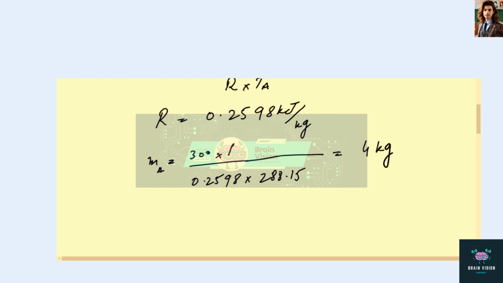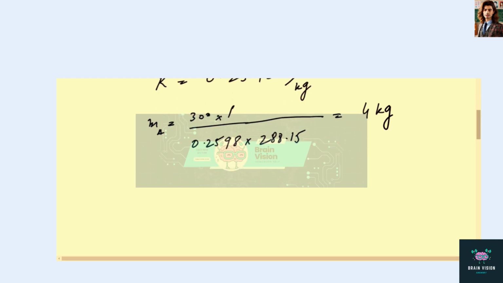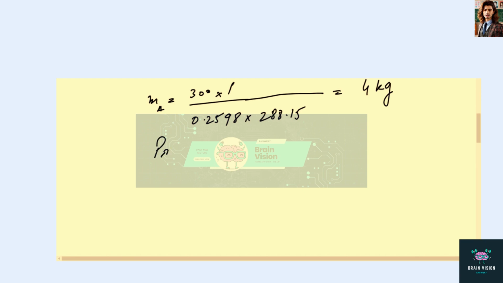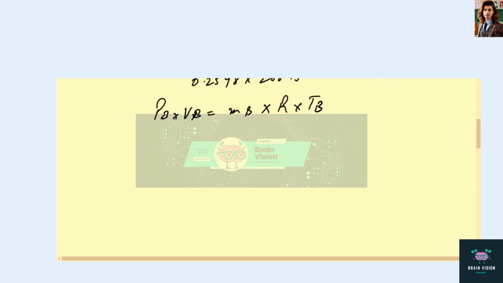Now from the ideal gas equation we can calculate the oxygen volume in room B, that is PB into VB is equal to MB multiplied by R multiplied by TB. So we've got VB is equal to MB multiplied by R multiplied by TB over PB.